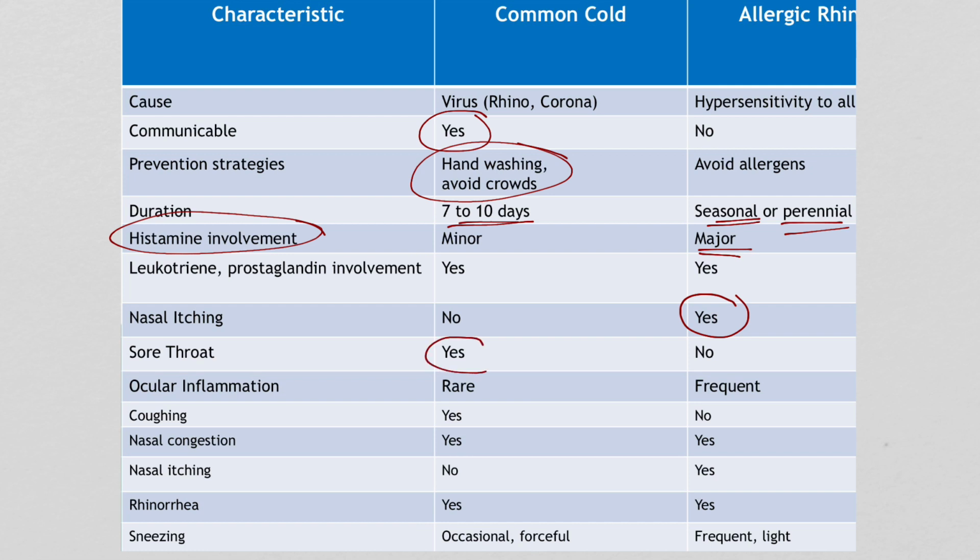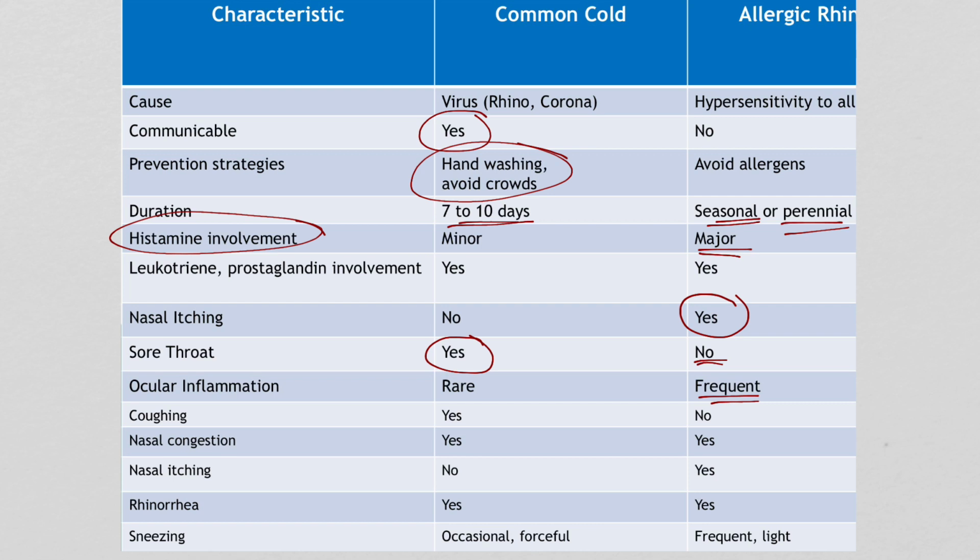And then sore throat wise, your patient will present with a sore throat for the common cold, but will not have a sore throat with allergic rhinitis. So we can see that there are key differential things that we should be asking in our historical checklist, right? Ocular inflammation, so when the eyes get itchy and watery, is very frequent in patients with allergic rhinitis, very rare in patients with a common cold.